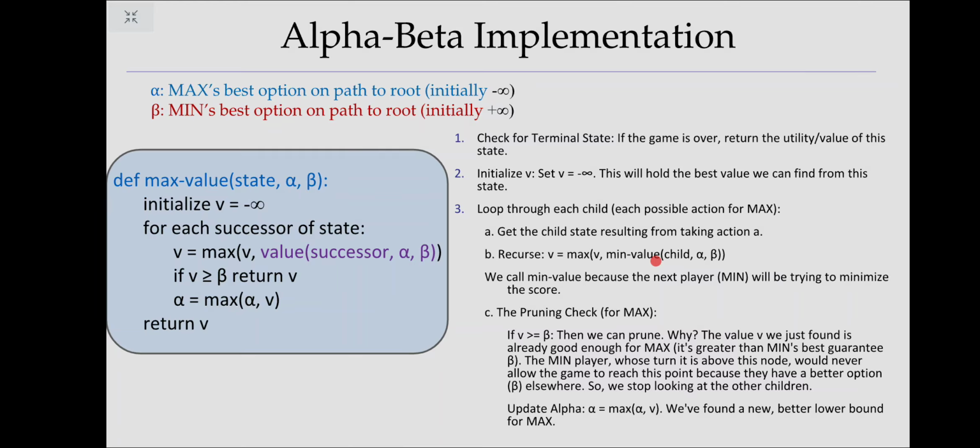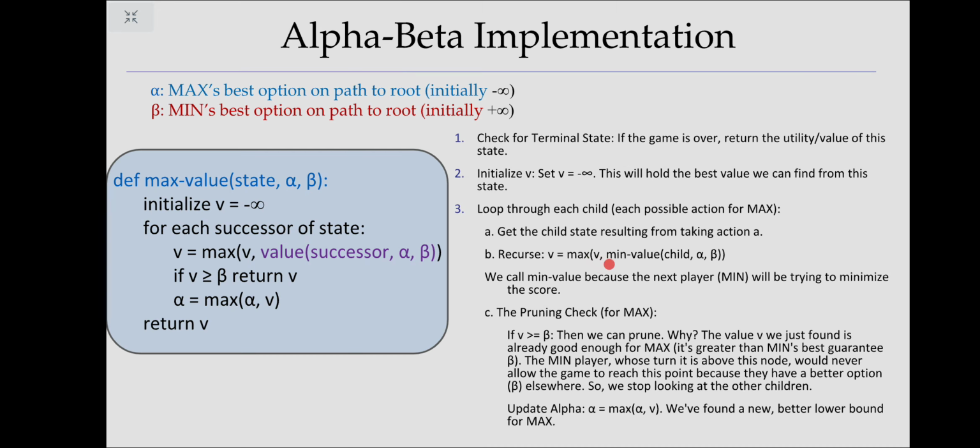The min value tries to process a path and returns the value, and we compare this value with the current v.